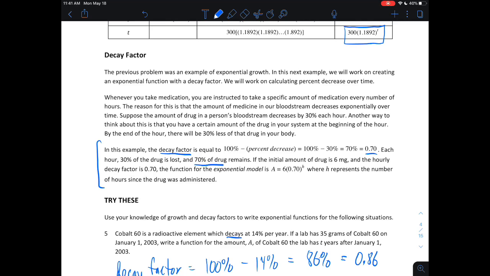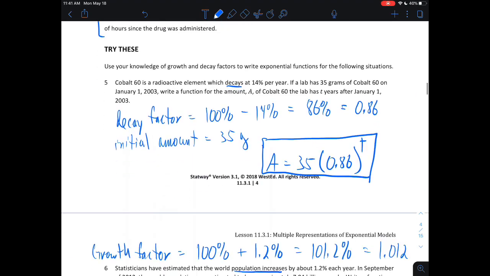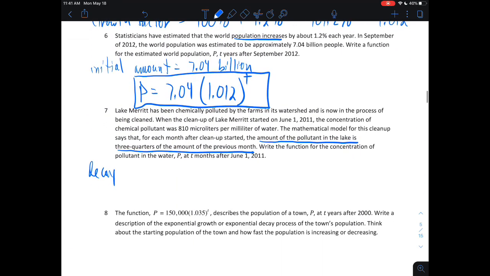That's telling you how much is left. So now go back to number 7. It doesn't say that this goes down by 3/4. It says that the amount of the pollutant in the lake is 3/4 of what you had started with in the previous month. So that's 3/4 that is left.